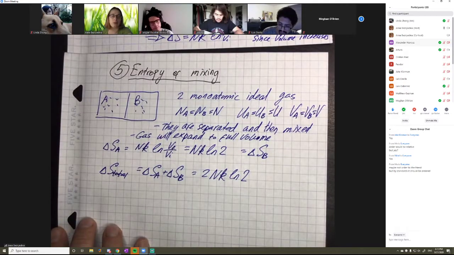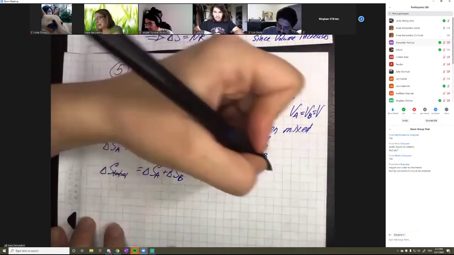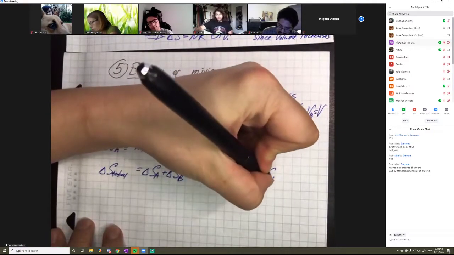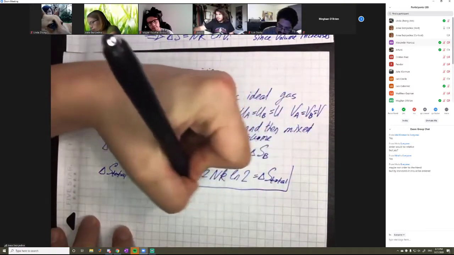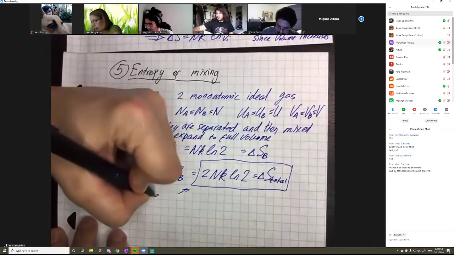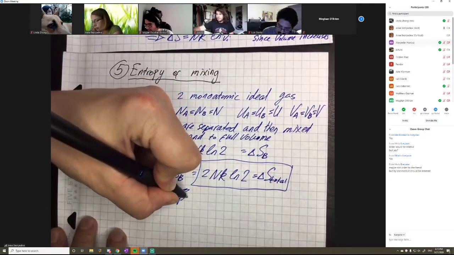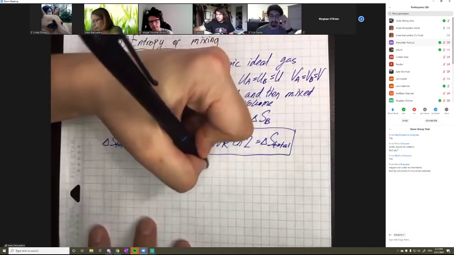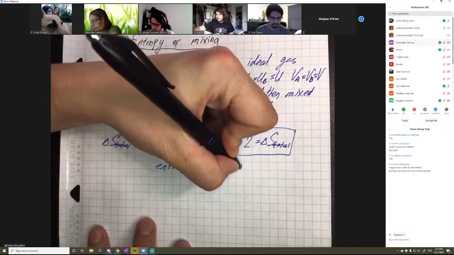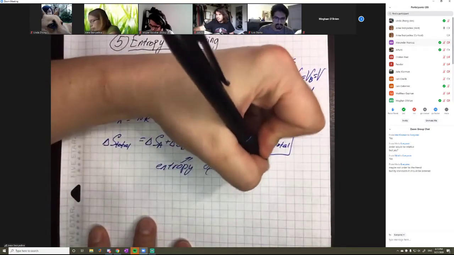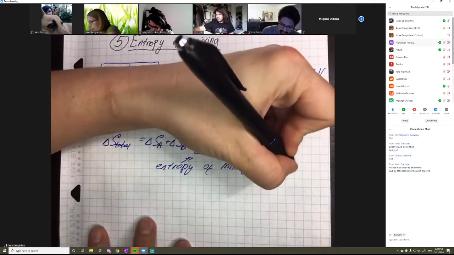So this is the entropy of mixing of two different gases.